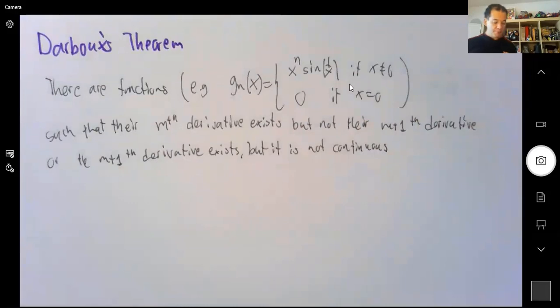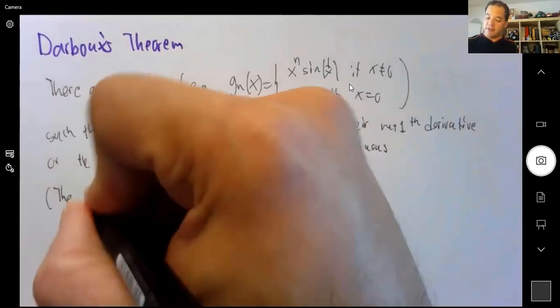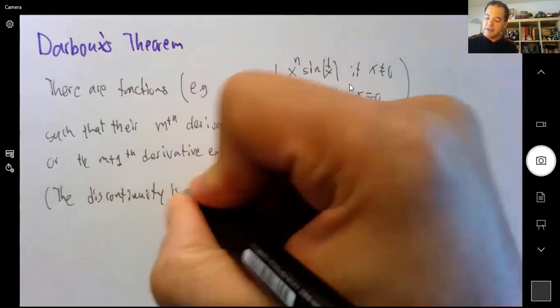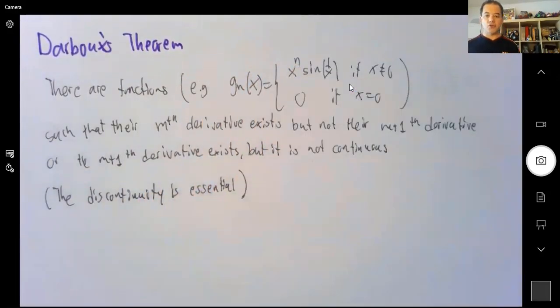Okay, but the important point is that the discontinuity is of the essential type, meaning it's discontinuous because it oscillates too much, right? Thus, the discontinuity is essential. And that's how we started this chapter, this discussion: we asked if we could have a derivative with a jump discontinuity. So that was our question.